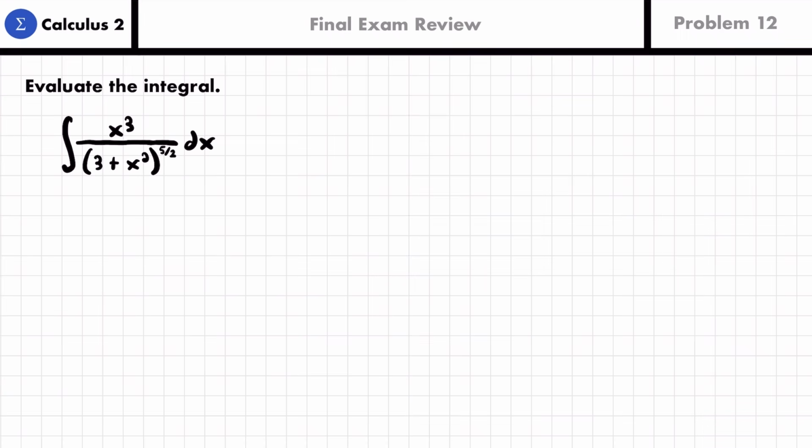And so taking a closer look at this expression, particularly the denominator, we have something that can be compared to a particular form that we associate with a specific trig substitution. In this case, we have a constant plus a variable squared that is being raised to a power. We could compare that to this form of the square root of a constant a squared plus a variable expression u squared, which corresponds to a trig substitution of setting u equal to a times tangent theta.